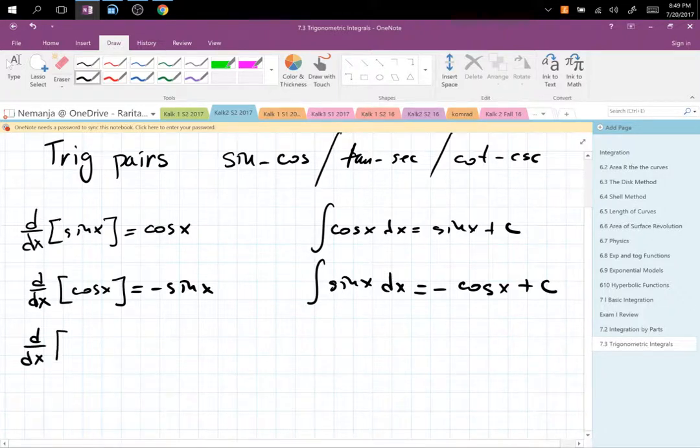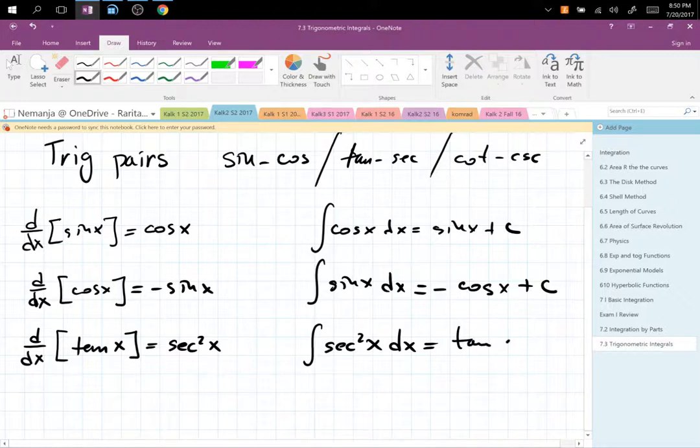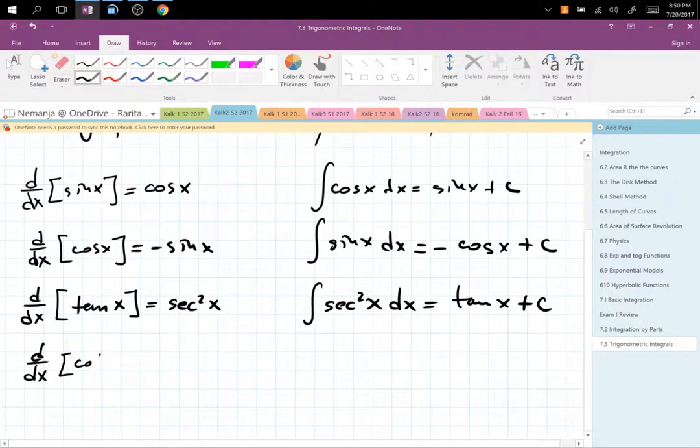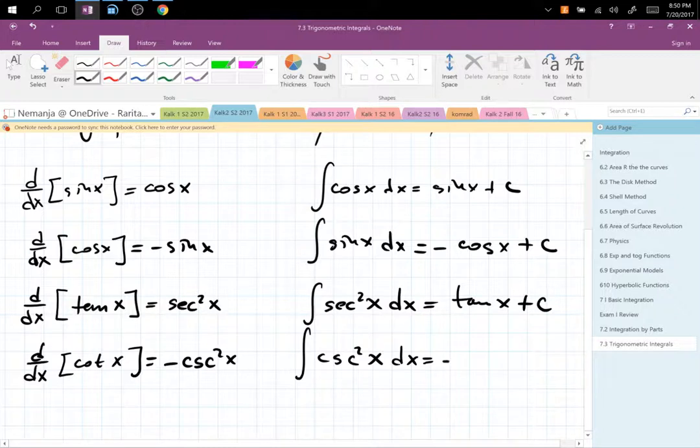The derivative of tangent x is secant squared x, which means that the integral of secant squared x dx is tangent x plus c. The derivative of cotangent x is negative cosecant squared x, which means that the integral of cosecant squared x dx is negative cotangent x plus c.